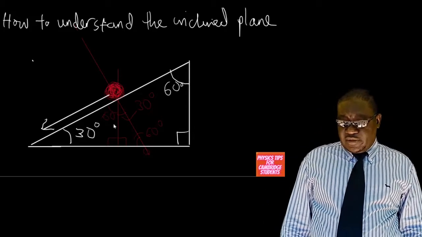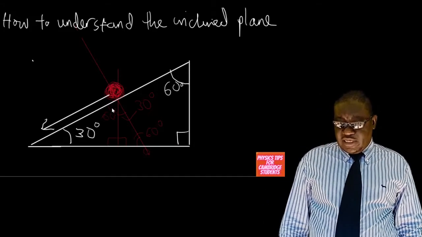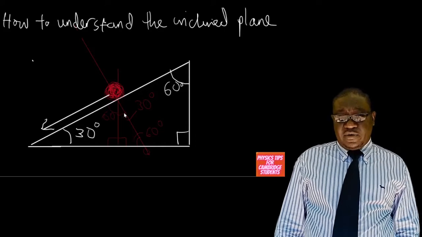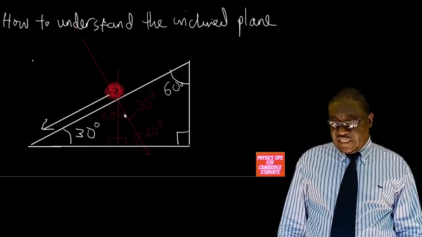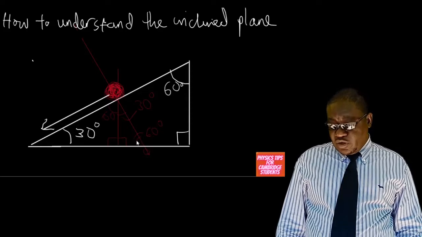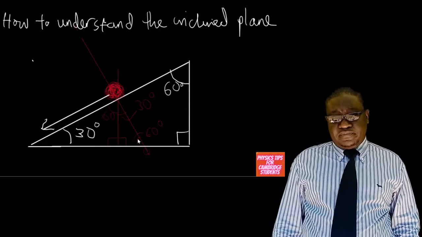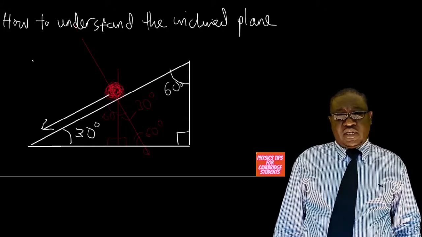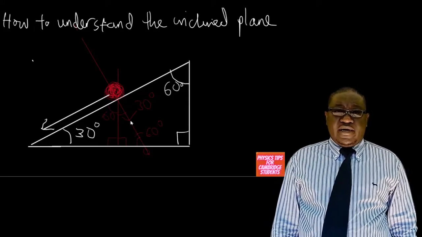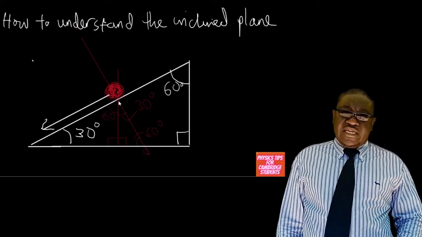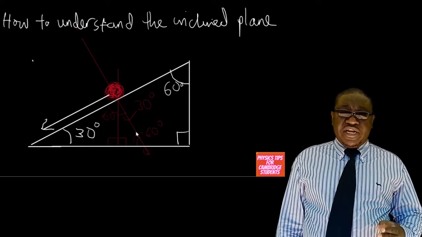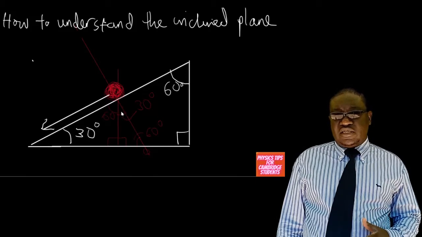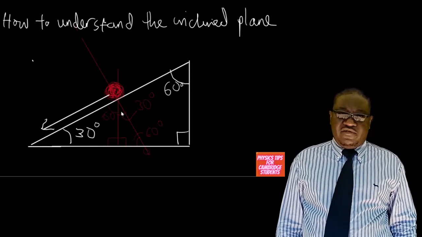As you can see, the angle 30 degrees is also shown in red on that triangle, and we have a 60-degree angle, which is also shown in red. So if you study these angles, you find that the component of the weight perpendicular to the plane makes an angle of 30 degrees with the vertical.